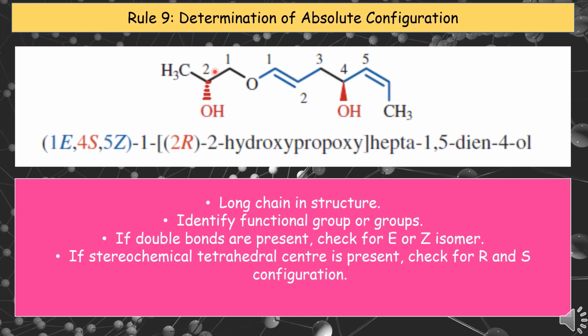In the same way, we get 2R-2-hydroxypropoxy as a substituent, and this substituent is present at the 1 position. That's why it is written as 1. So: 1-(2R-2-hydroxypropoxy)hepta, because the longest chain is 7-membered, 1,5-diene, 4-ol.